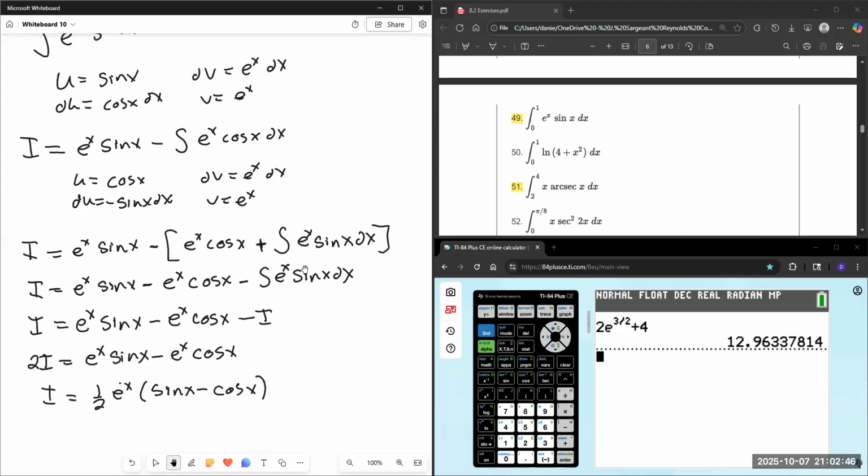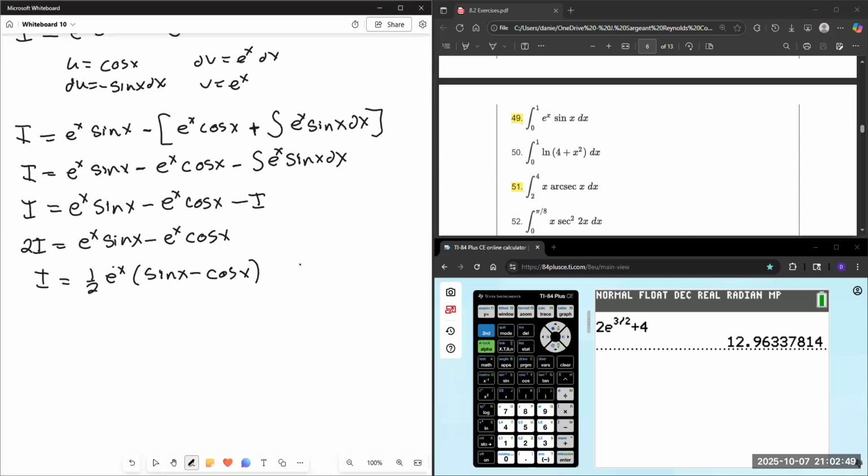And so now evaluate I from 0 to 1: 1/2 e to the x times sine of x minus cosine of x, from 0 to 1.